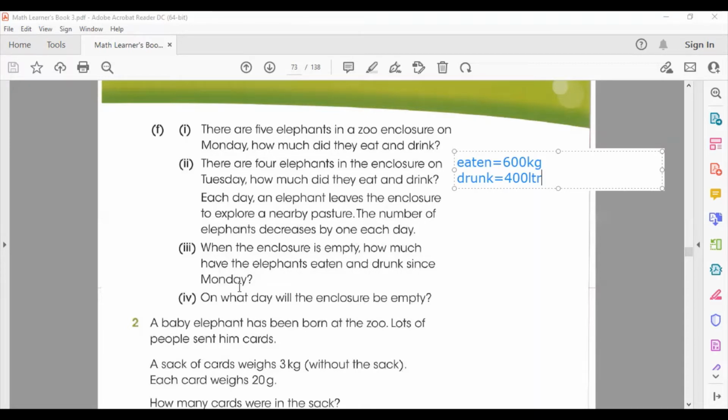So let's start. We need to calculate for all these days until the enclosure is empty. Obviously every day 1 elephant leaves the enclosure. So starting from Monday, I just write in a table. It's better.